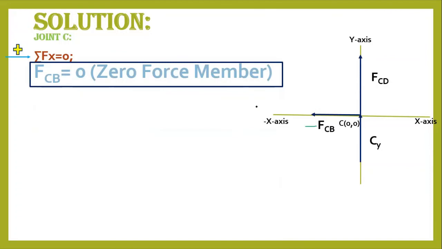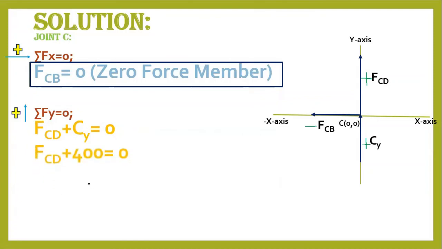So I am moving towards the summation of the vertical forces. You can see here, in the vertical forces there are FCD and CY, and both should be positive because both are in upward direction. So FCD plus CY equals 0.